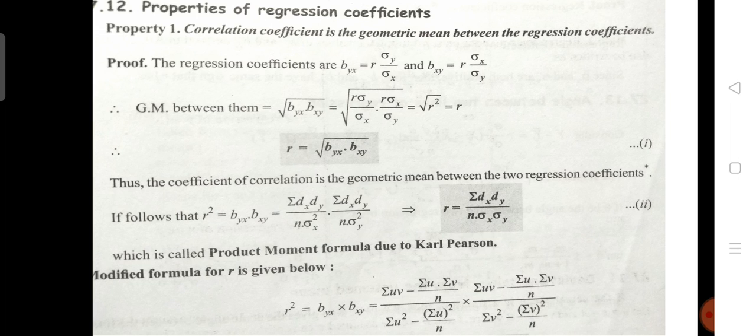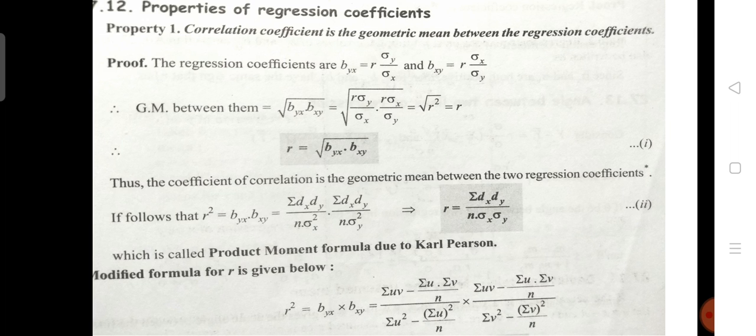Next are some properties of regression coefficients. You need not study the proof, just these statements. The correlation coefficient is the geometric mean between the regression coefficients. What is the correlation coefficient? It is r. You have studied the geometric mean.